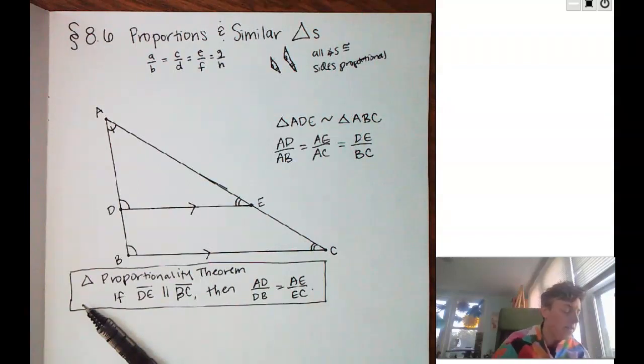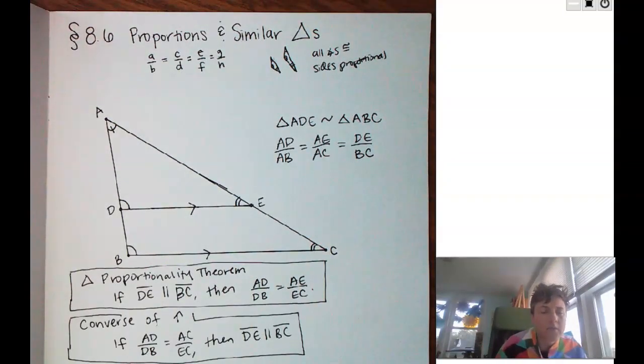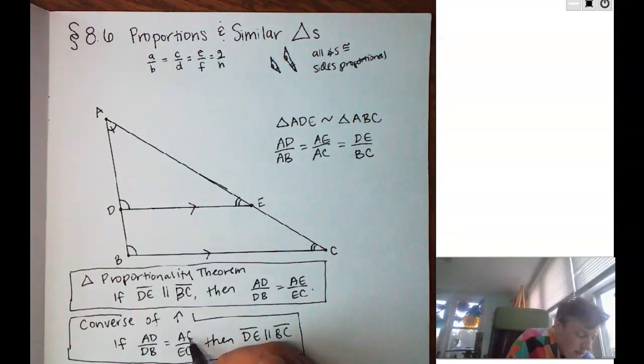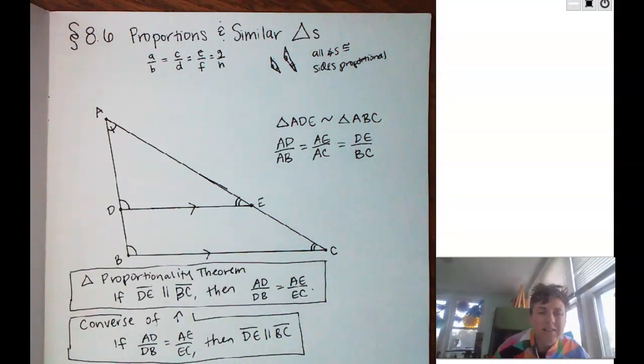Now, if that theorem is true, its converse in this case is also true. We remember what converse is: that's when you take the if and the then and flip them around. So the converse is: if those chunks of sides are proportional, so if AD over DB equals AE over EC, then those lines must be parallel.